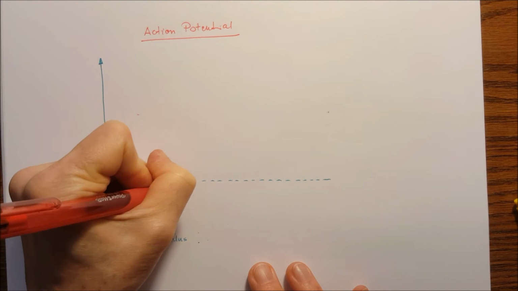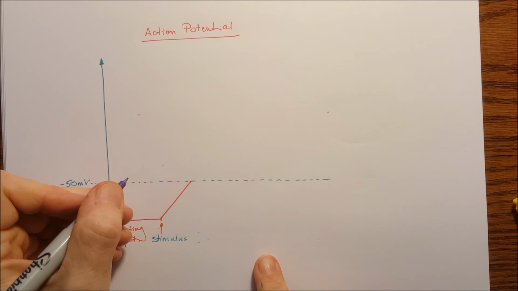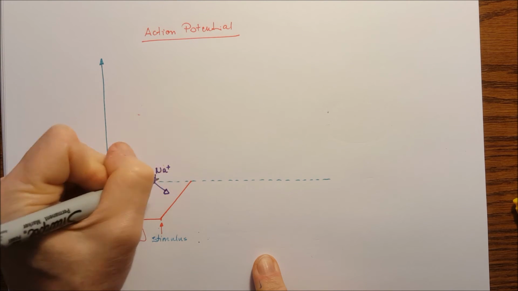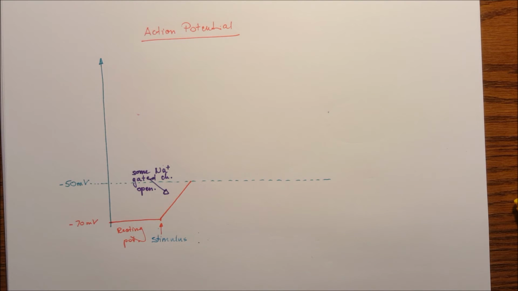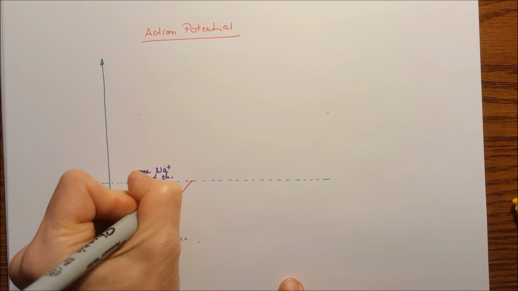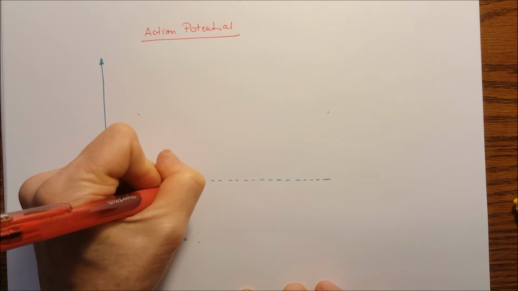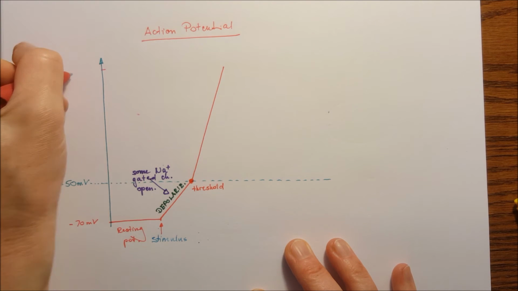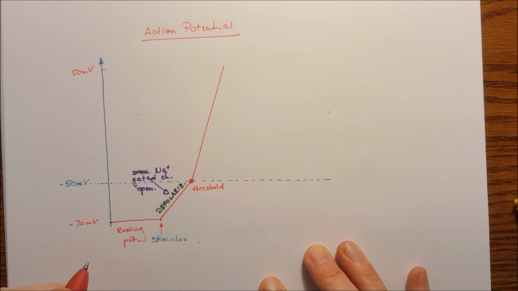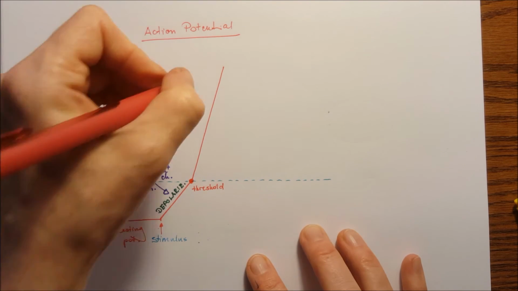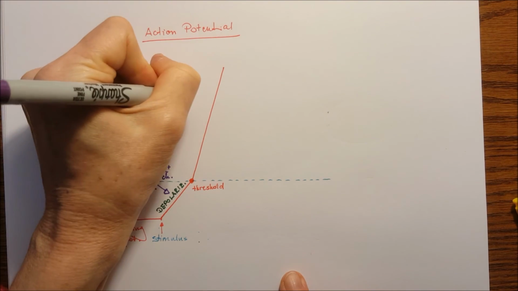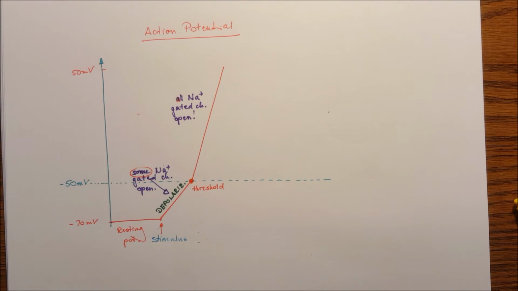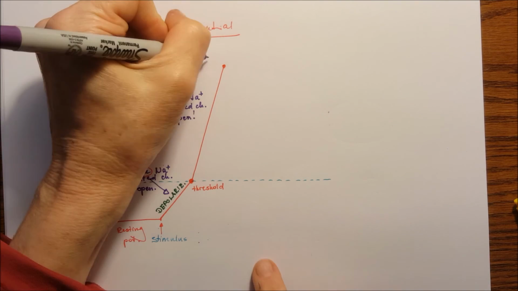Here comes the stimulus, so more and more sodium gated channels start to open and the membrane starts to depolarize. More sodium gets in, so it increases its membrane potential until it reaches the threshold point, when all of the sodium gated channels start to open up. In the depolarization phase, some sodium gated channels open, but reaching a threshold, all of them let the sodium zoom in like crazy into the cell.